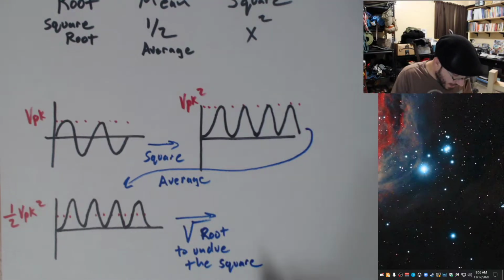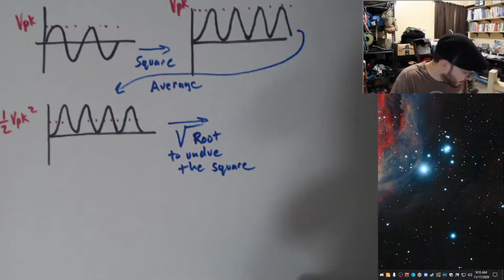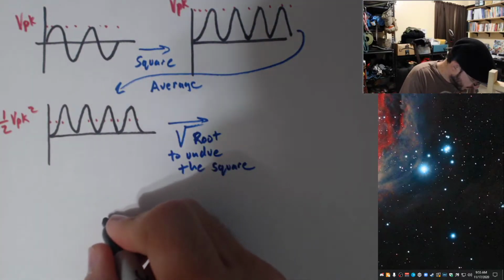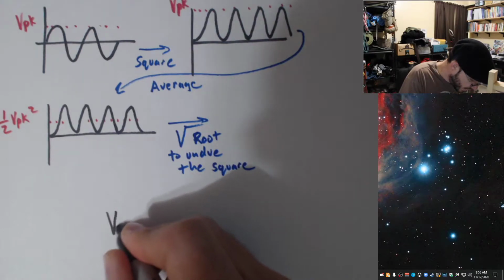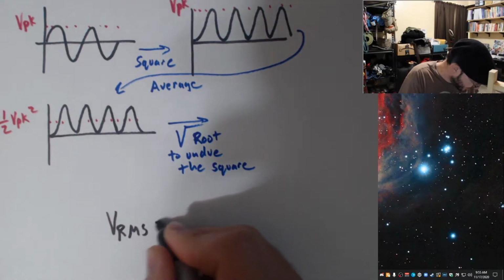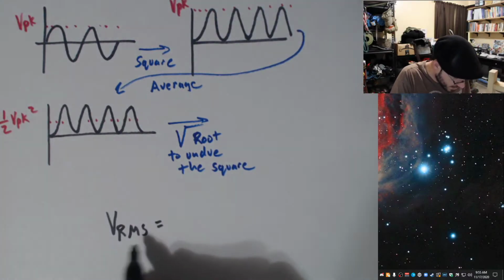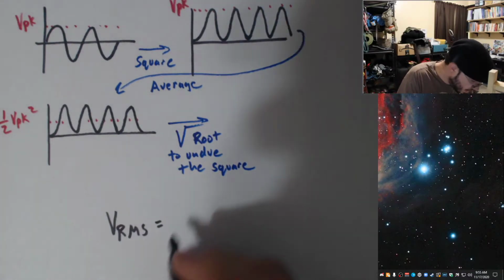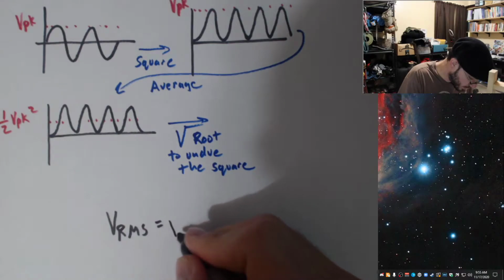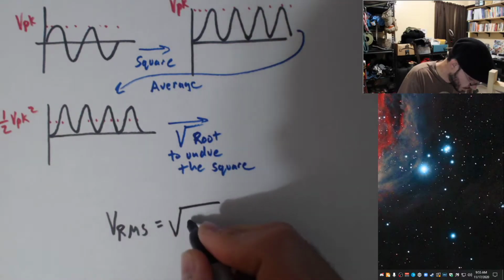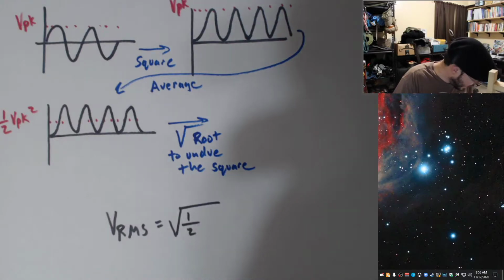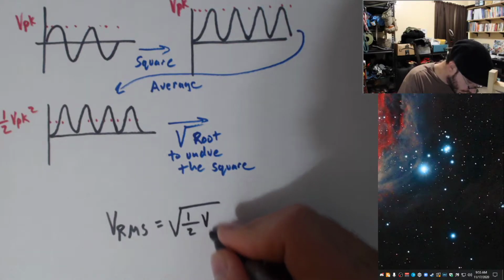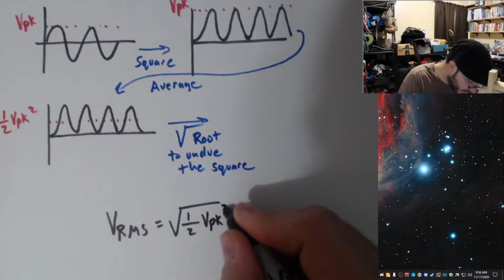Once you undo the square, we now have an average voltage indicative of the magnitude. We have VRMS, or the root mean square of our voltage, is equal to the square root of the average, or the mean, of our peak voltage squared.